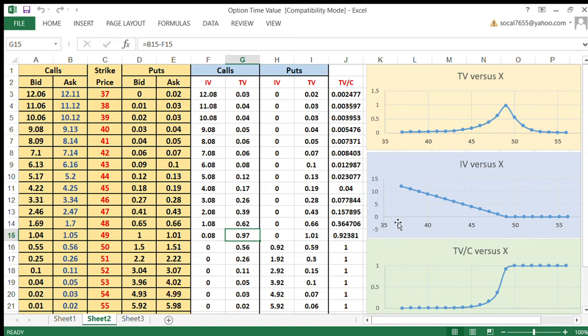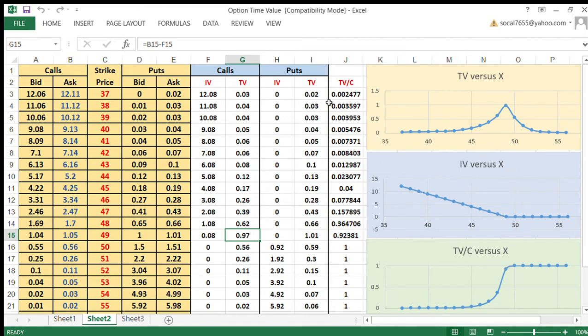So that's why intrinsic value becomes 0. And so there we see that linear, and then here linear again, horizontal, right on the horizontal axis at a value of 0. So there's the behavior of intrinsic value versus strike price.